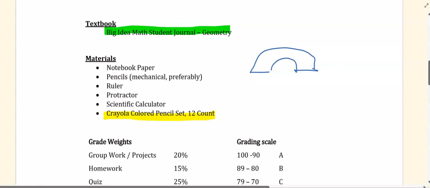I don't want the one from the dollar store with 24, and I don't want the Crayola with 24. I want this one because there are 12 colors in the box, and I'm going to be looking for those. It costs about 99 cents. I saw it at Staples and also at Walmart for 99 cents.